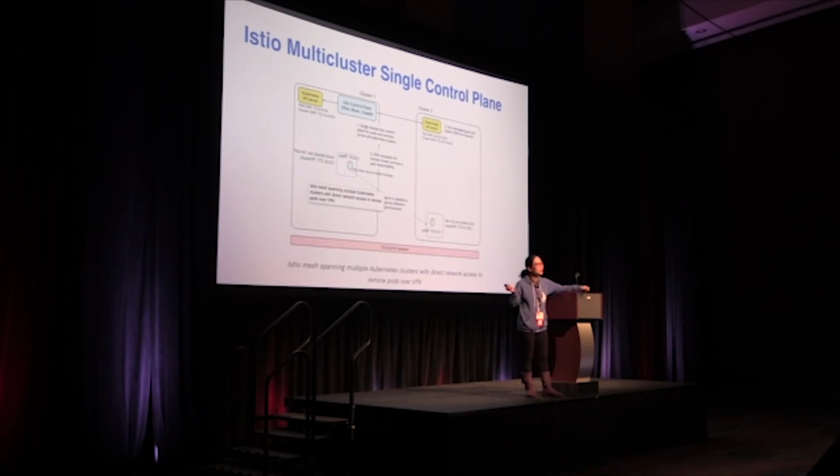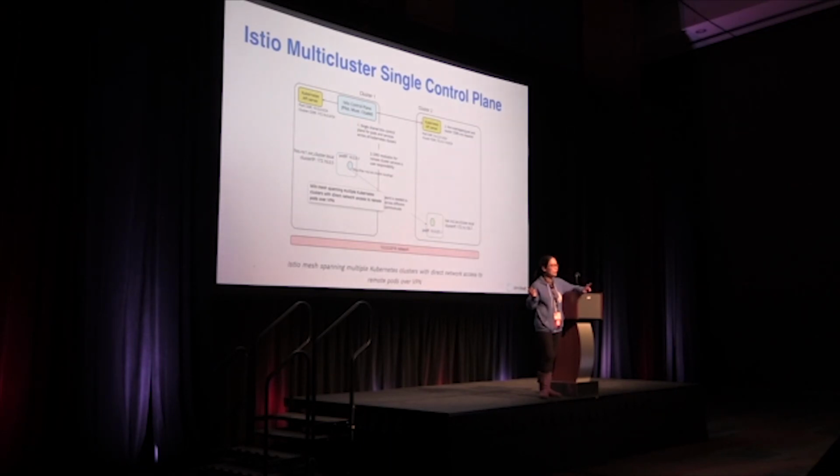We also have multi-cluster single control plane out there. We are currently working on some of the limitations of this design so that you don't necessarily need flat, routable networking between your pods on multiple clusters. So stay tuned. We're going to enhance this to reduce the limitations.